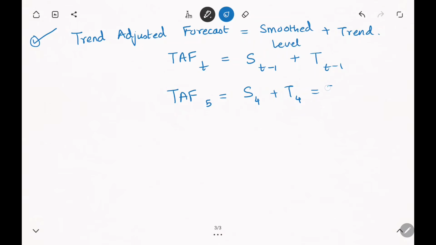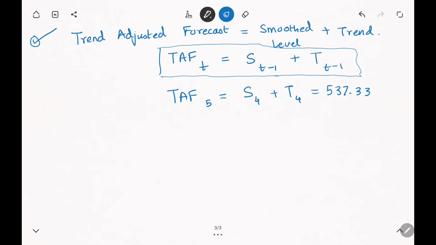Henceforth, the trend adjusted forecast, which we write in short as TAF: TAF in time period t is going to be the smoothed level value in the previous period, that is S(t-1), along with which we add the predicted trend value T(t-1), predicted at time period t minus 1.